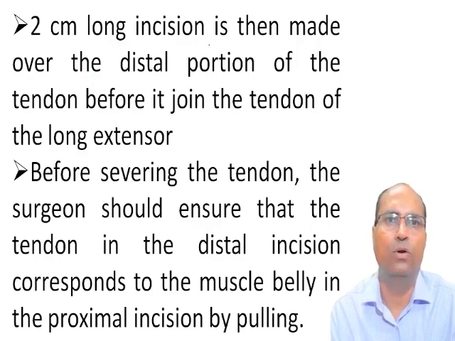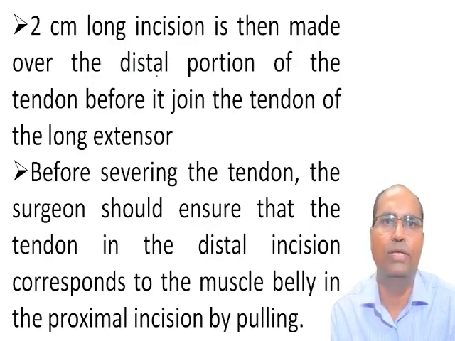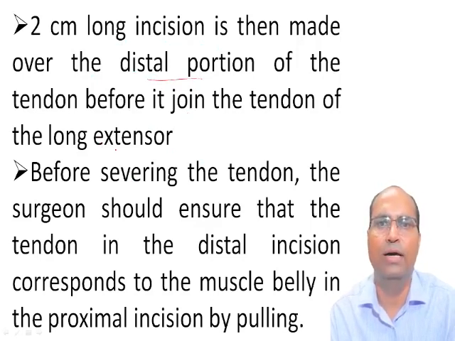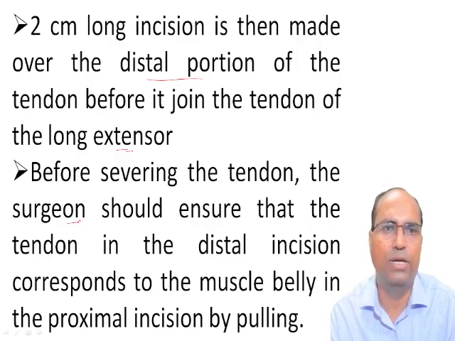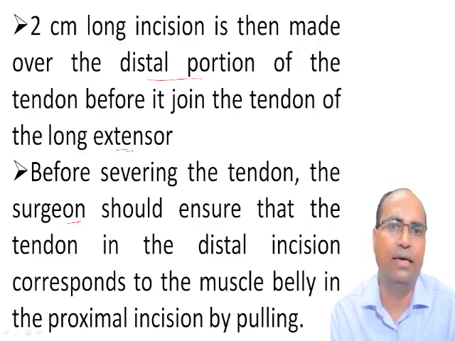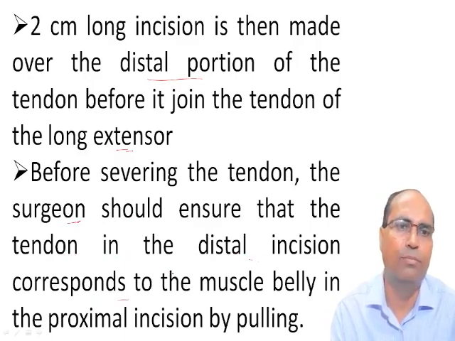Now a 2 centimeter long incision is made over the distal portion of the tendon before it joins the tendon of the long extensor. Before severing the tendon, the surgeon should ensure that the tendon in the distal incision corresponds to the muscle belly in the proximal incision by pulling it.